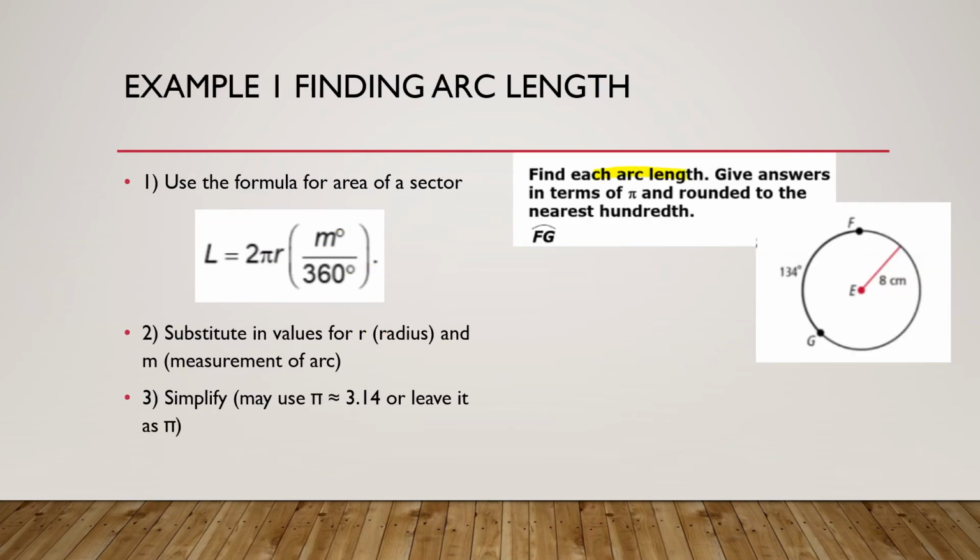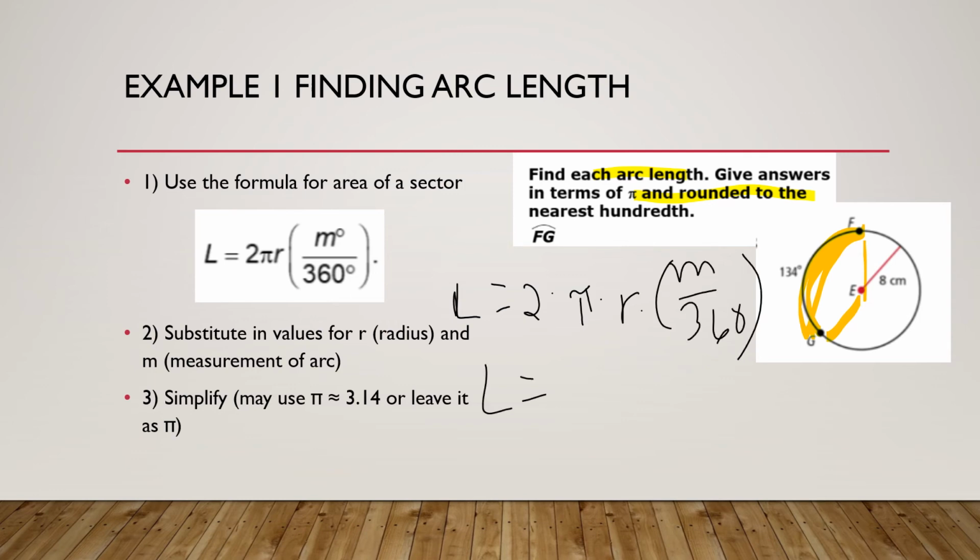So we want to find the arc length, and they're telling me to round. In this case, we want the arc length of F to G. So we want to think of this as the part we are going to find the length of. We would write down our formula. So length is equal to 2, remember that means times, pi, times r, times the quantity of m divided by 360. Then we would substitute our values.